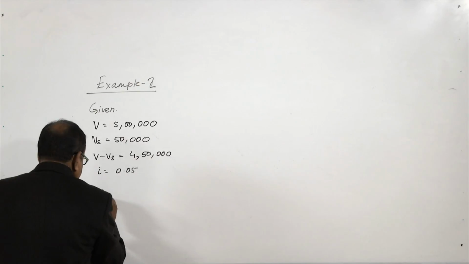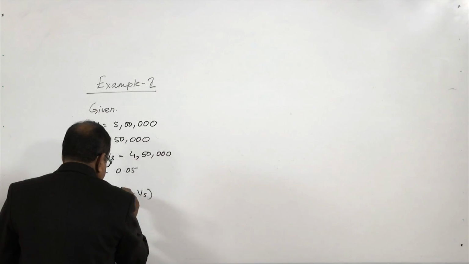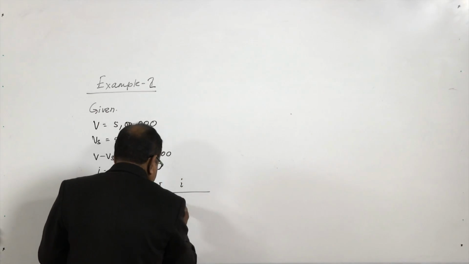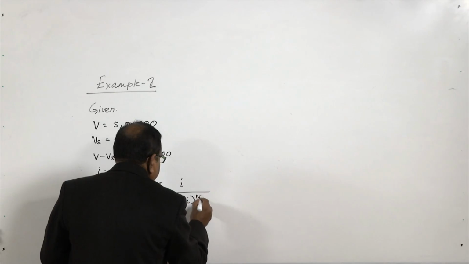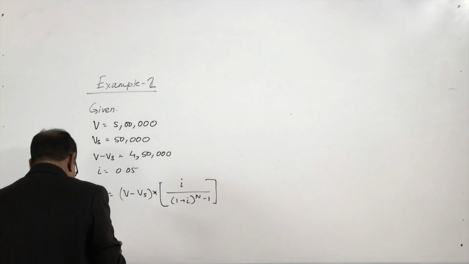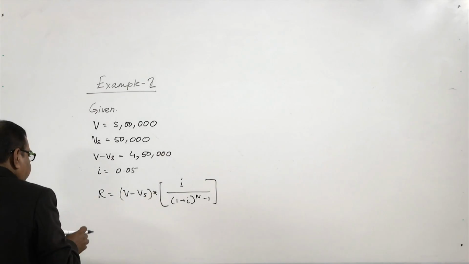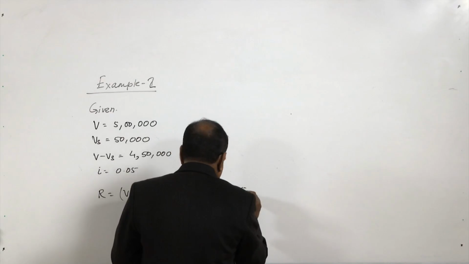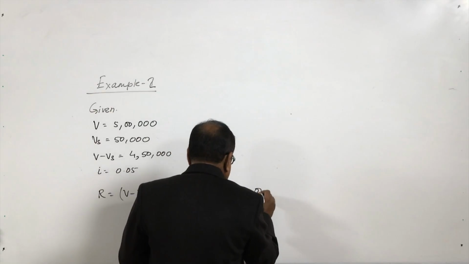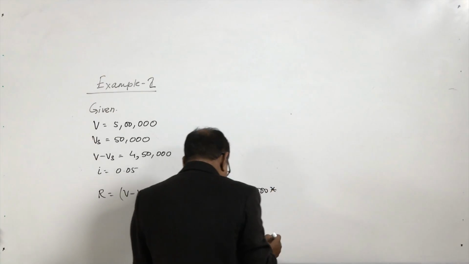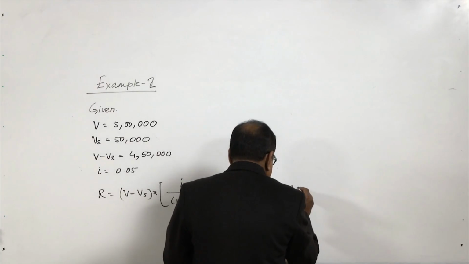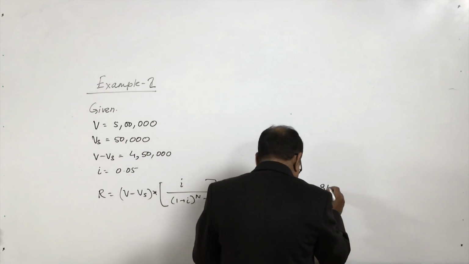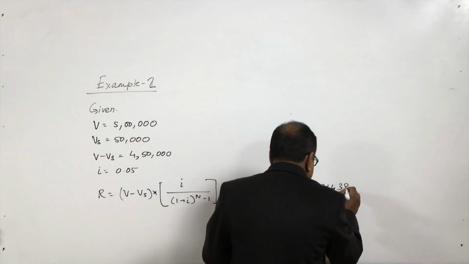So, the R formula is R equal to (V minus Vs) times I over (1 plus I) to the power n minus 1. Now, based on this, if I compute the value of R, this is equal to 4,50,000 into 0.18, which comes out to be rupees 81438.66.